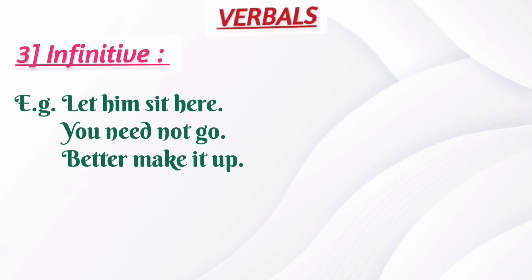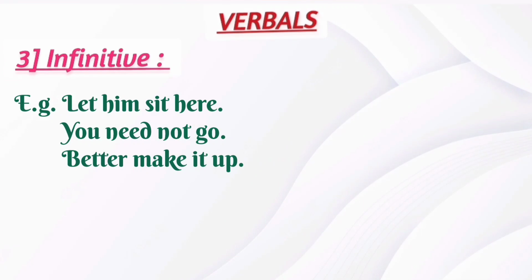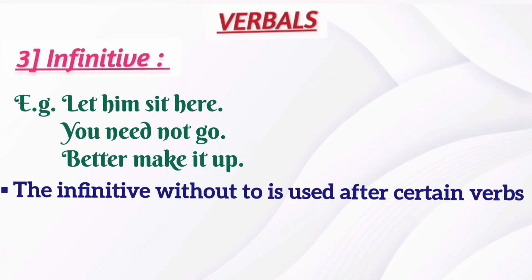Sometimes we use the infinitive without to. For example, let him sit here. You need not go, better make it up. So, in these examples, the words go, sit, make are infinitives, but they are used without the marker to because they come after certain verbs like need.